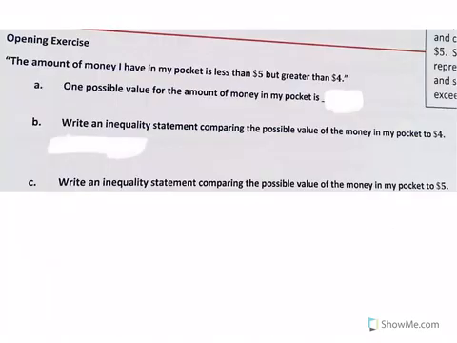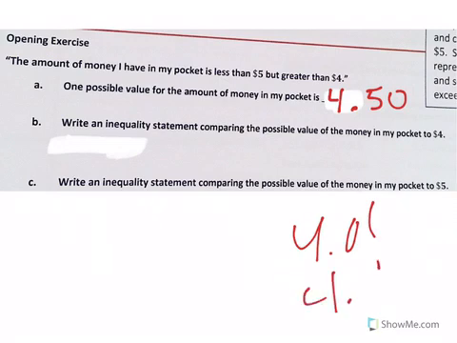All right, let's jump right into our opening exercise here. The amount of money I have in my pocket is less than $5, but greater than $4. One possible value for the amount of money in my pocket is what? We could say $4.50. We could say $4.01. We could say $4.99, right?